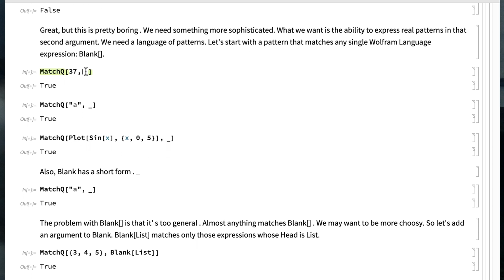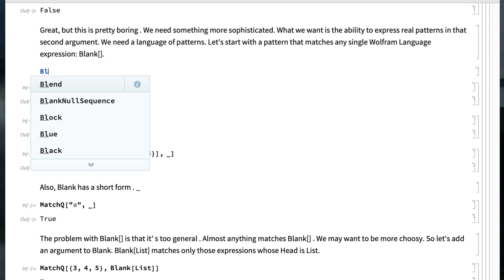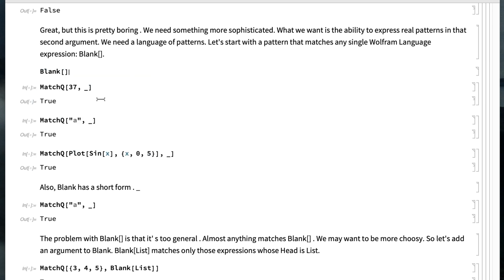So the simplest pattern matching thing is the Blank, which you can write as Blank with nothing in it, just like this. Okay. And this is saying Blank basically matches any single Wolfram Language expression. So is 37 a single Wolfram Language expression? Yes. So it says True.